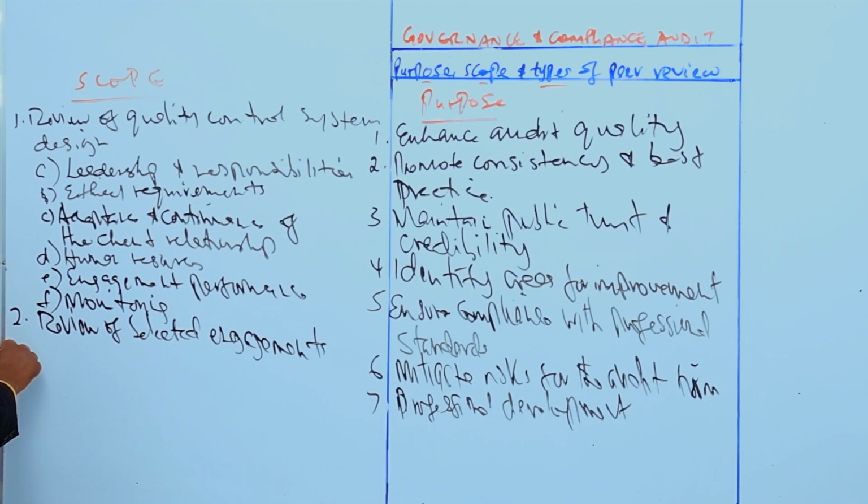Third, we have interviews as part of the scope of peer review. That means interviewing the key audit personnel like the partners, the managers, and the staff in order to assess their understanding of and adherence to the firm's quality control policies and professional standards.